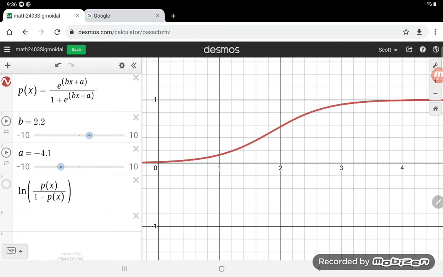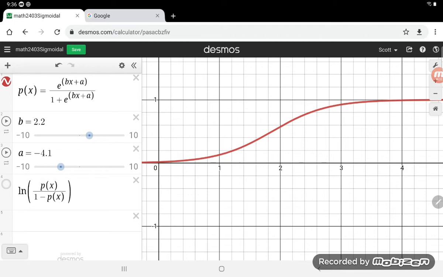Now this formula up here in the top left that you see, the P of X, with these exponentials, that turns out to be a sigmoidal curve. So we probably would like to ask how well our data fit a curve like that, and then once we know that, we could use the A and the B in our formula up there to help us make predictions for any new scores.